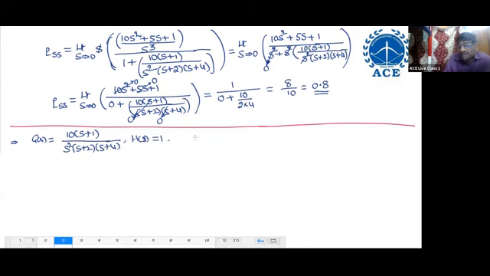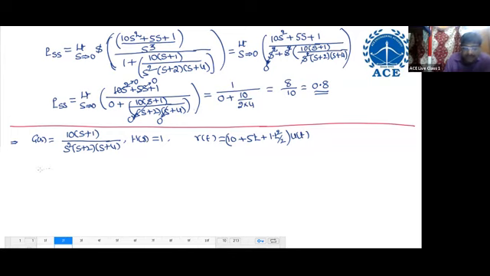And r of t is given as 10 plus 5t plus 1 t squared by 2 into u of t. Now compare type and input, and automatically you'll get the answer.